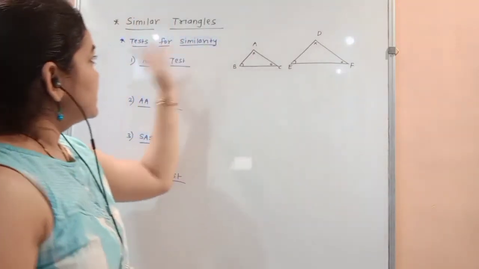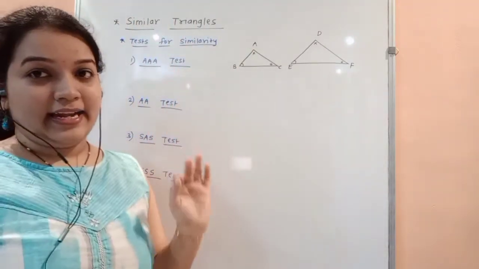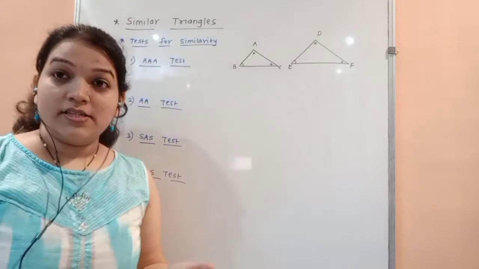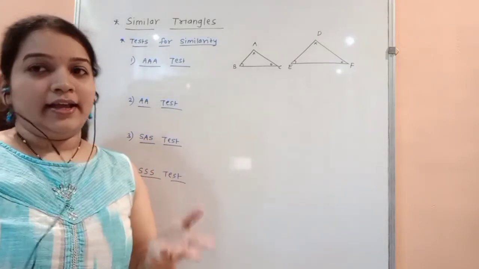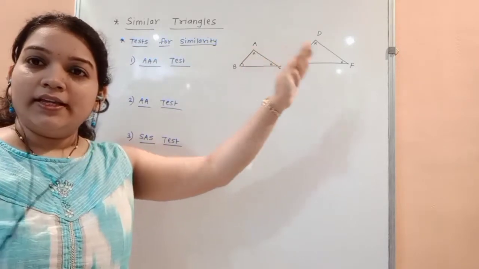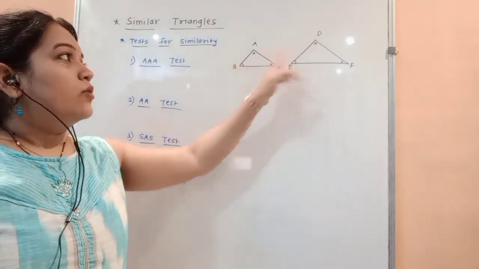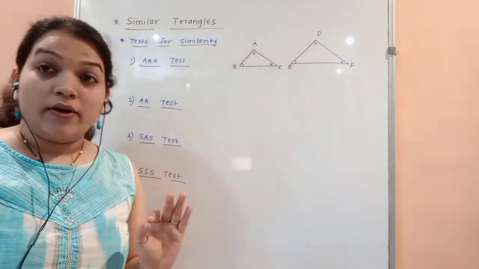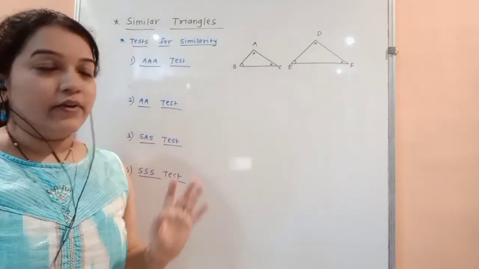So what is the first test? AAA test. The name itself suggests that AAA means angle, angle, angle, that is, three angles in each triangle are congruent with each other according to correspondence. Correspondence is very important.